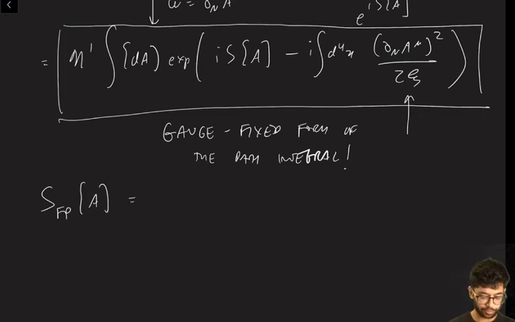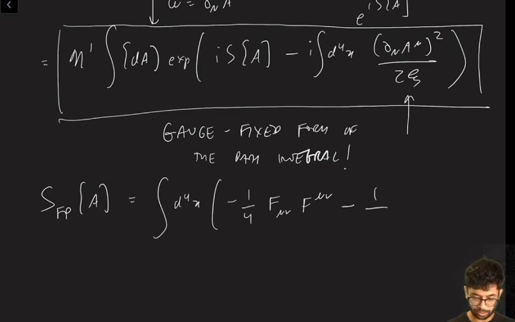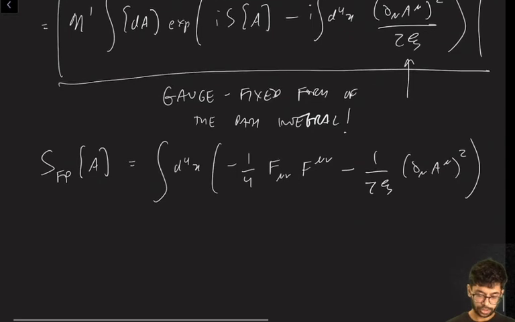The Faddeev-Popov form of the Maxwell action is now whatever was there before, which is just minus 1/4 F_μν F^μν, minus this extra bit, 1 over 2ζ (∂_μ A^μ)². So all of this has added a gauge fixing term to the action.